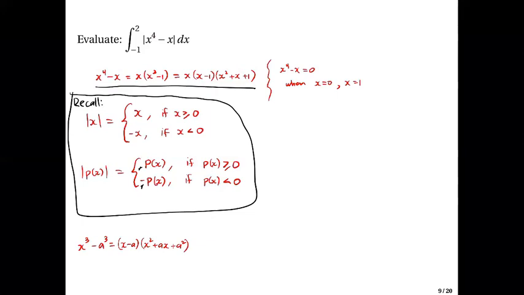You just equate this guy here to 0. X equals 0 will be coming from this. X equals 1 will be coming from this. This guy here will never be 0 for any x. So you'll just have those two guys.